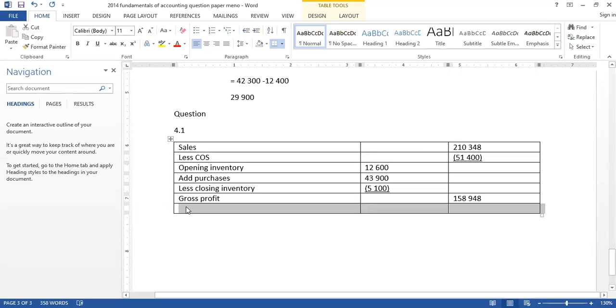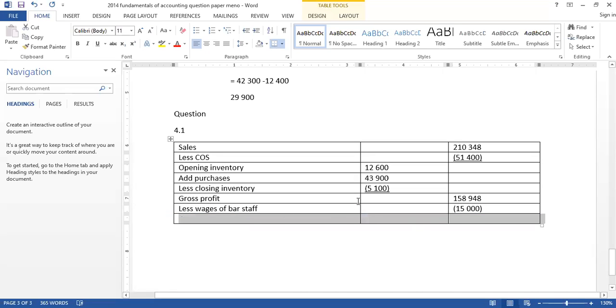We less wages on bar staff, that is 15,000. Gross profit less wages on bar staff will give us our profit from bar. That will be transferred to our income and expenditure account.